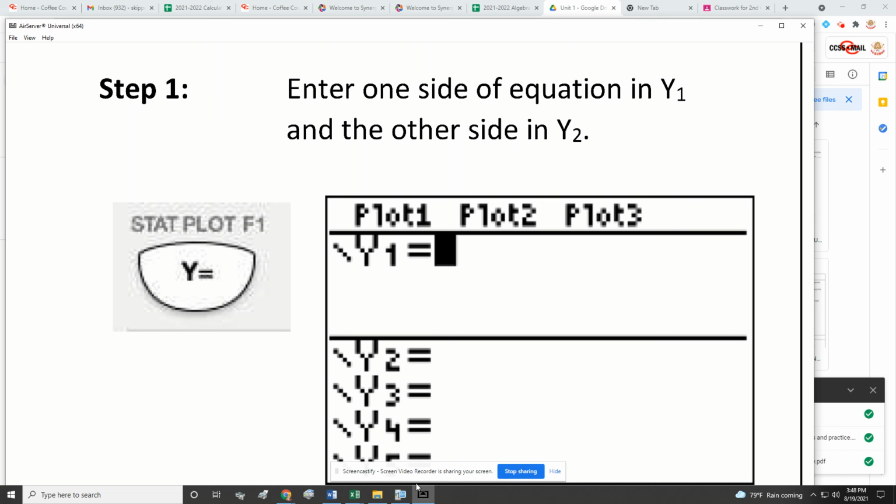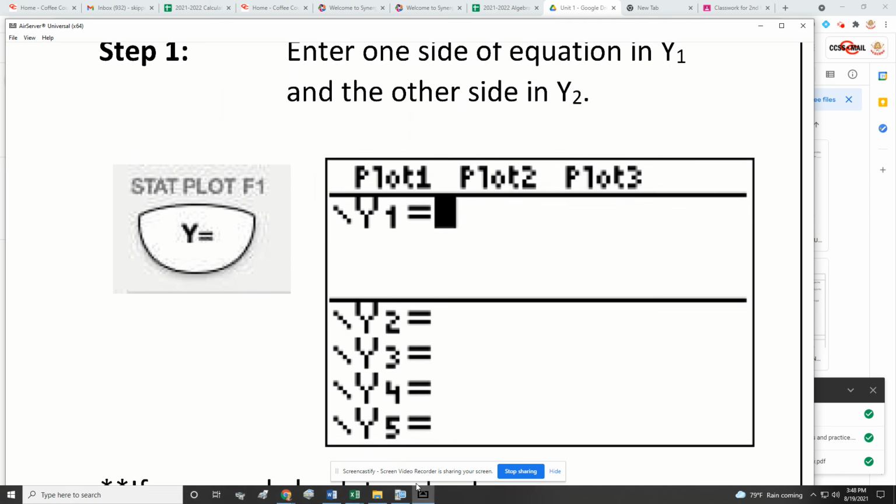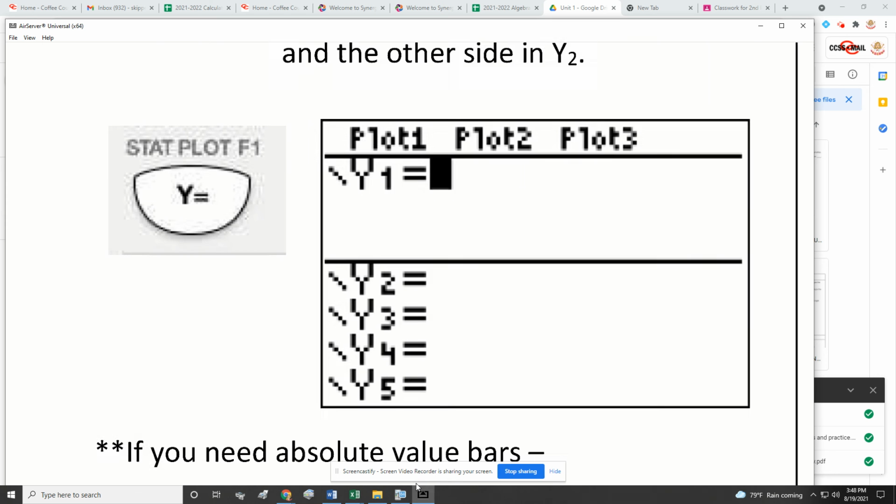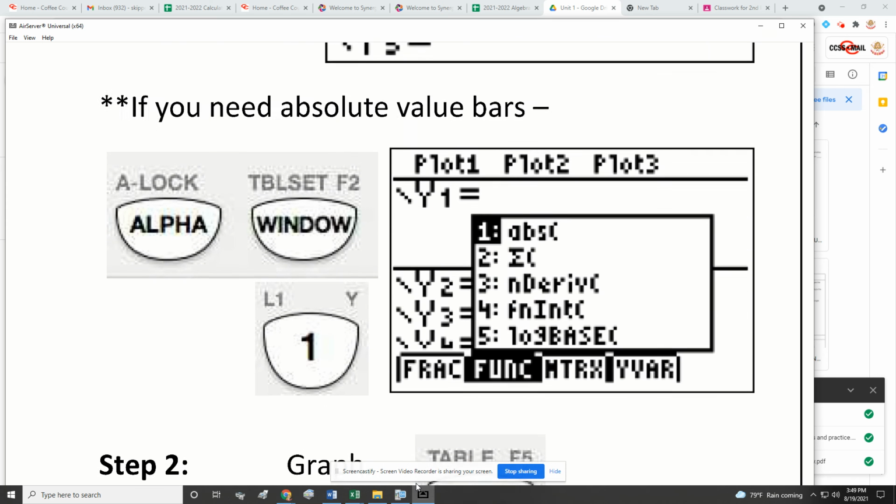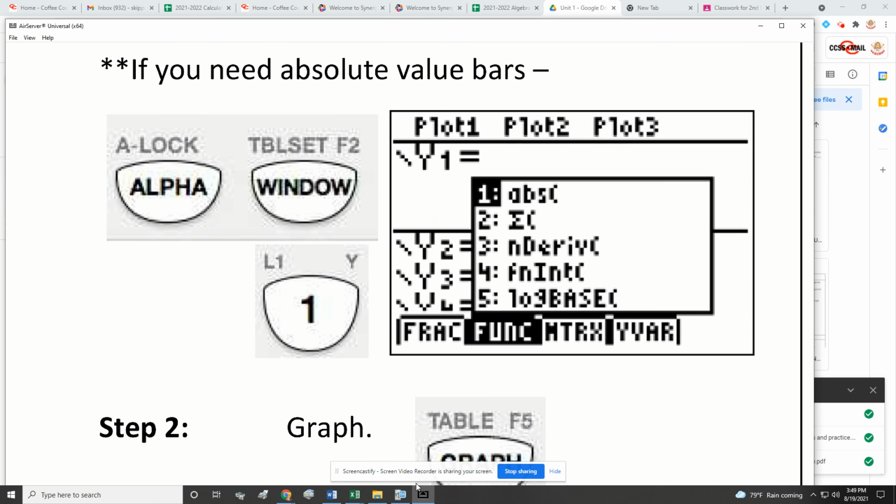So one side we're going to put in for y1, and the other side we're going to put in for y2. Right? And then I also put on there how you find absolute value. So you should have this in front of you. You don't have to look at it on the TV. You can look at it on your own paper. So absolute value is alpha window and then choose number 1.